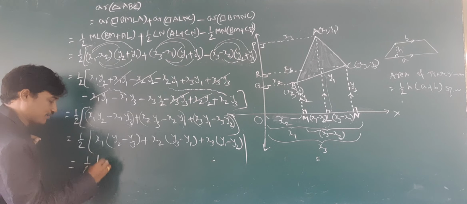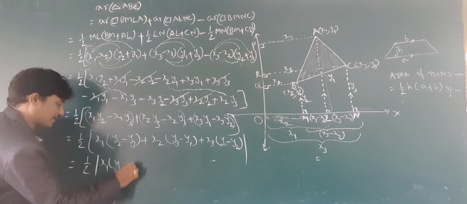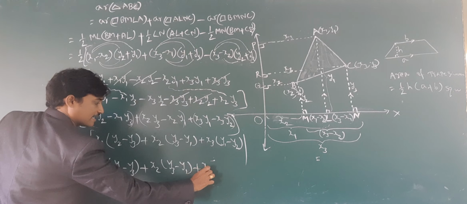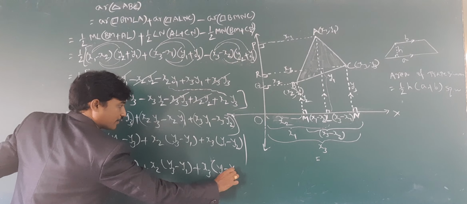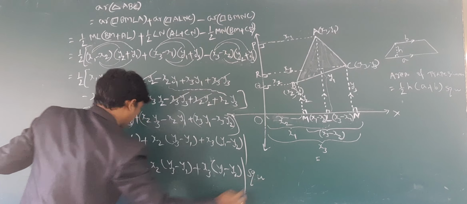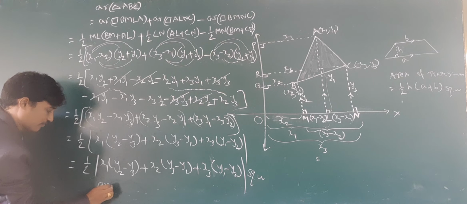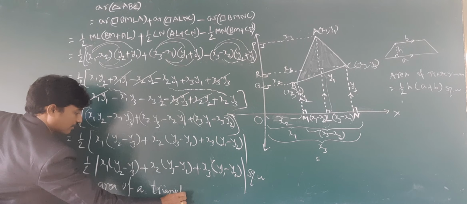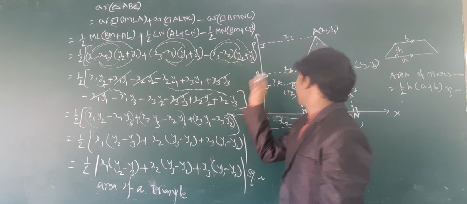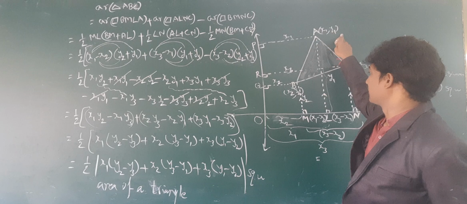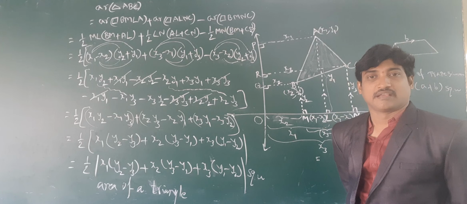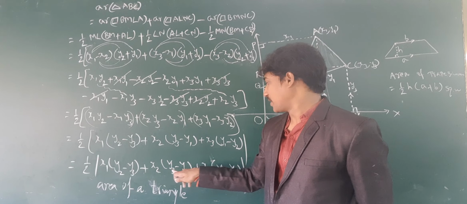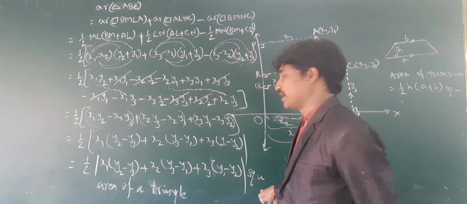The area of a triangle when three vertices (x1, y1), (x2, y2), (x3, y3) are given is half modulus of x1 into (y2 minus y3) plus x2 into (y3 minus y1) plus x3 into (y1 minus y2) square units.